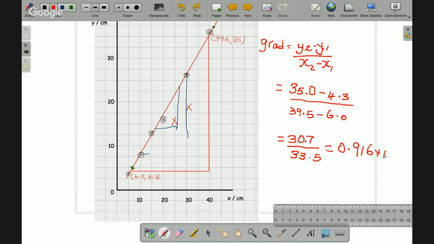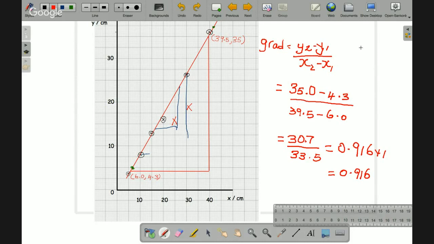One question is how accurate do we give this? We've been working with 3 significant figures, so let's just keep 3 significant figures. So let's say that the gradient is 0.916. Let's look at the units, because the unit for the gradient is usually important. For the whole time, we've been dividing centimeters by centimeters.